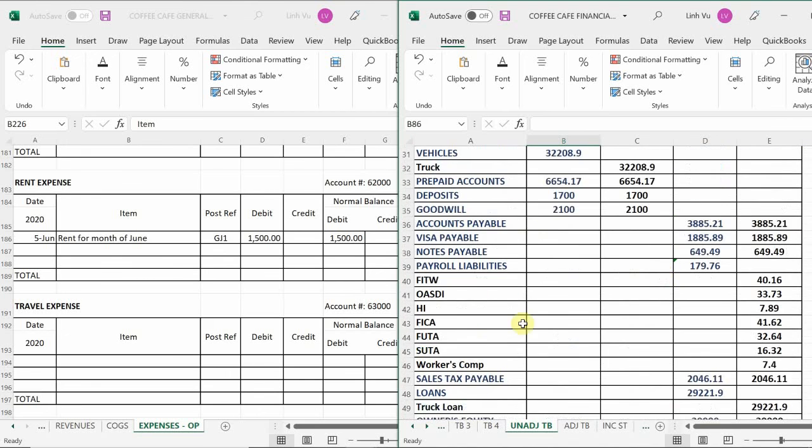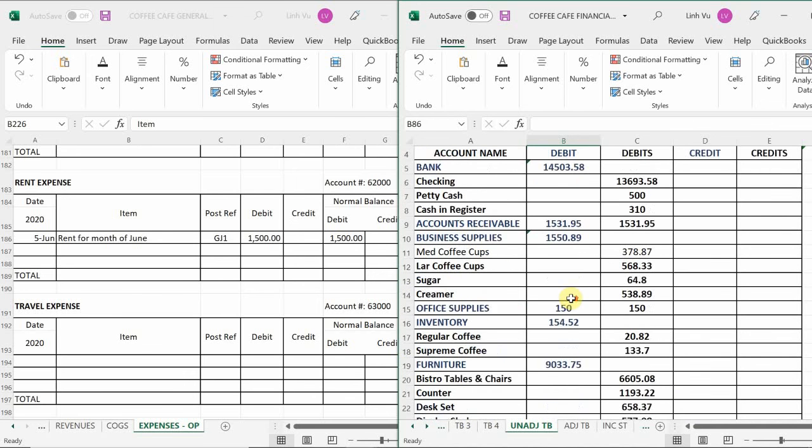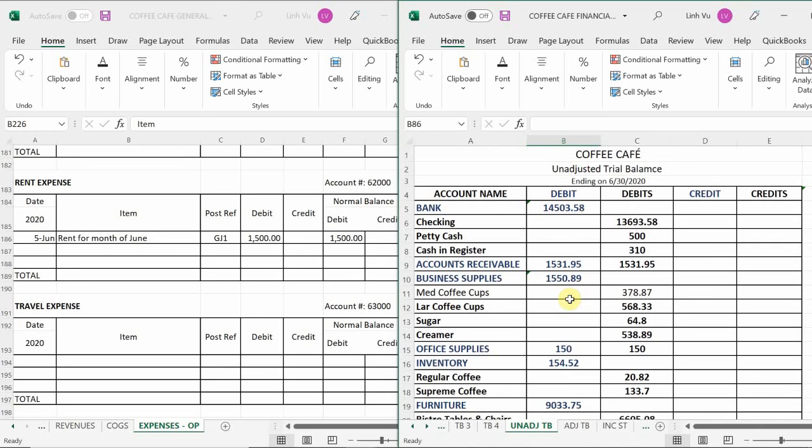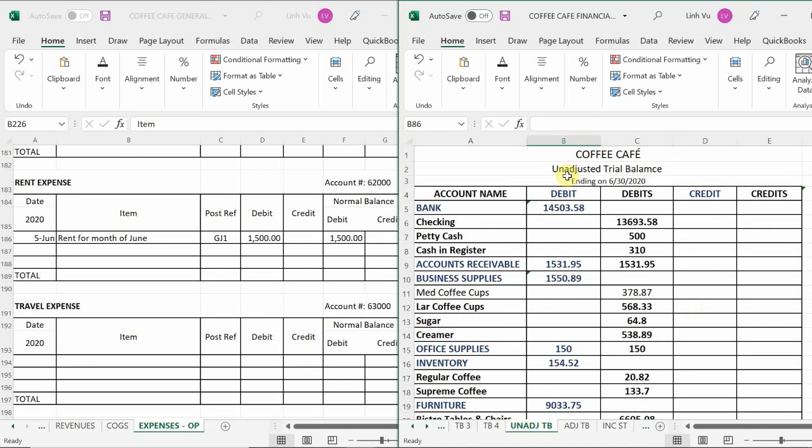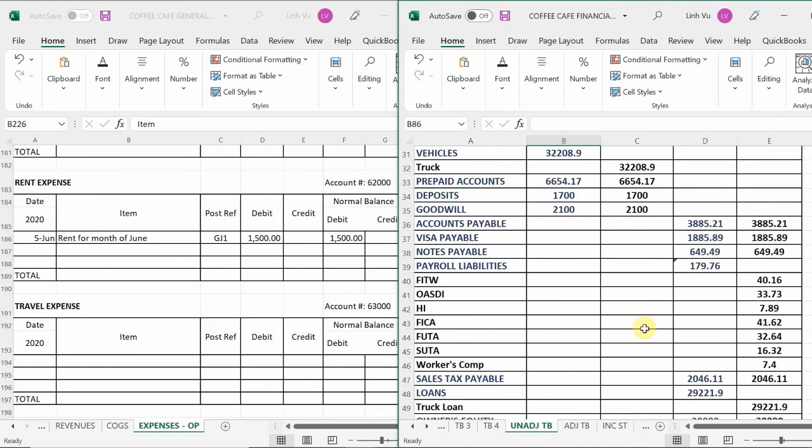I can even hide my sub accounts if I'd like, okay? And then I can either collapse them if I'd like, okay? Or expand if I'd like, okay? So I can hide a lot of information, but right now, a lot of the information I have now is exactly what I'm looking for, right? I have the column for my main accounts and the column for my sub accounts, okay?